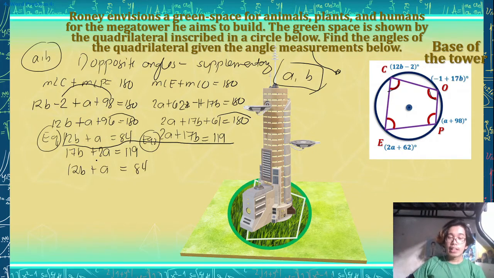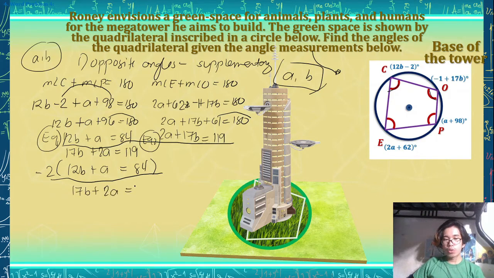Guys, what we can do is multiply this entire equation by negative 2 in order to eliminate the variable A, and we can solve for the value of B. So this gives us 17b plus 2A is equal to 119, and this gives us negative 24b minus 2A is equal to negative 168.